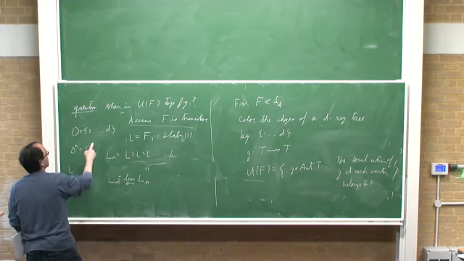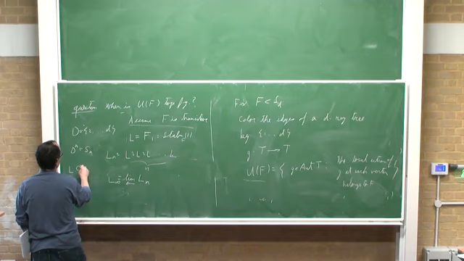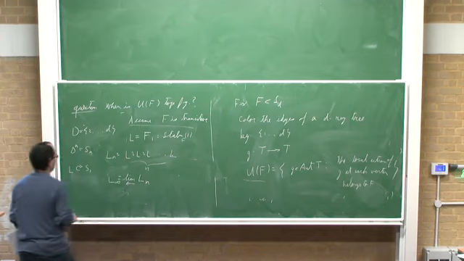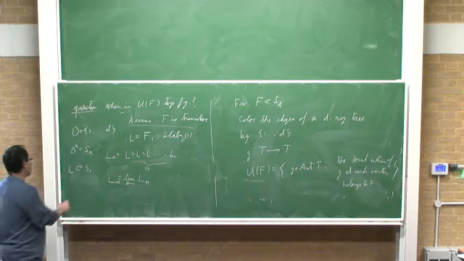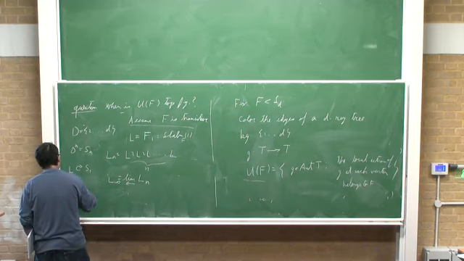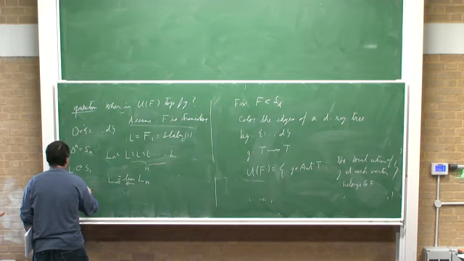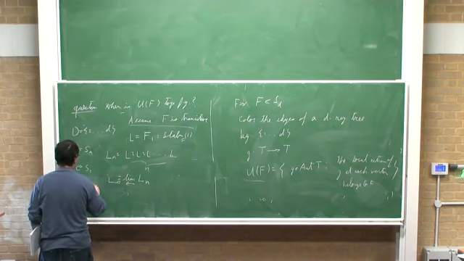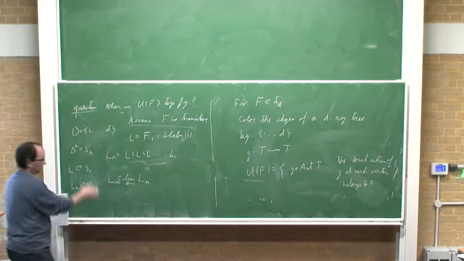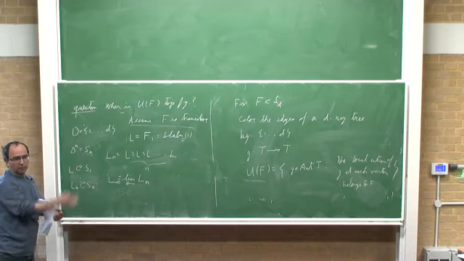So L, which is just S_1, acts on S_1, which is just D. And in general, L_n will act on S_n, so it acts on these points at distance n.